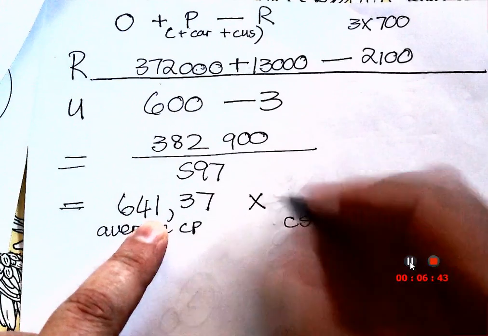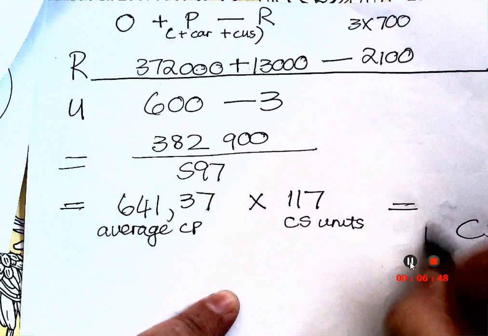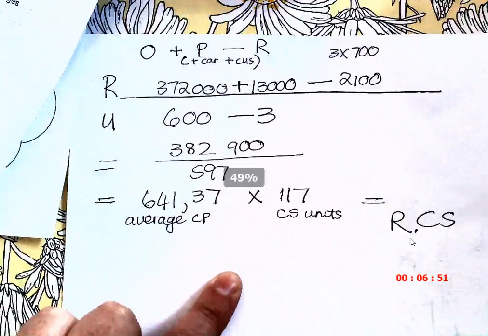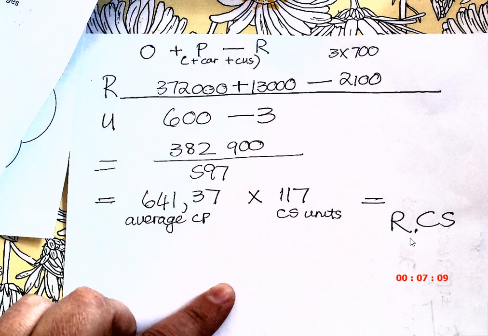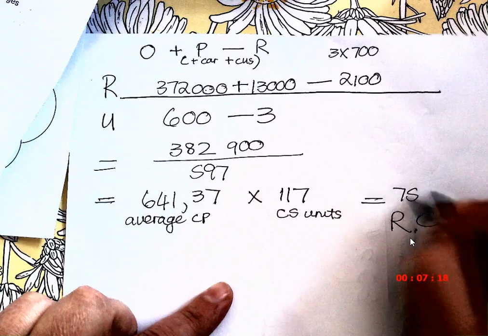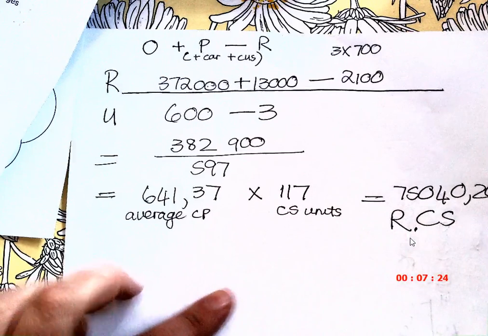That's the average price. I have 117 units left, so my closing stock rand value is going to be how much? Anybody with a number for me? 750.0. Okay, and there's my closing stock.